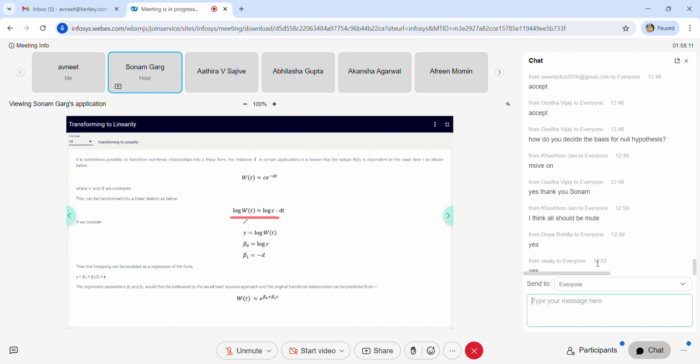Now, can we consider log of WD as y and log of C as your intercept and minus D as your coefficient, that is beta 1, and then your T value as it is? It looks like this equation can be transformed to a linear equation when we take a log of it.